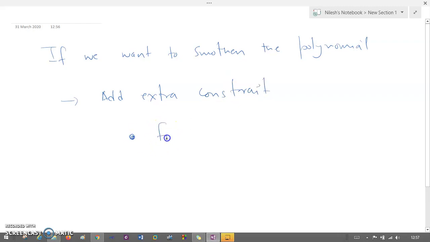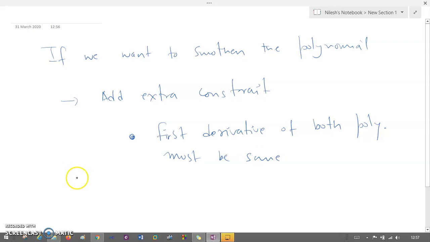The first derivative of both polynomials must be the same, okay, must be the same. And besides this, take a small number of degrees of freedom. This is the extra constraint that I'm providing to smoothen my polynomial.